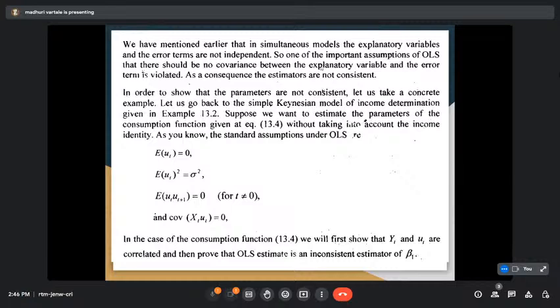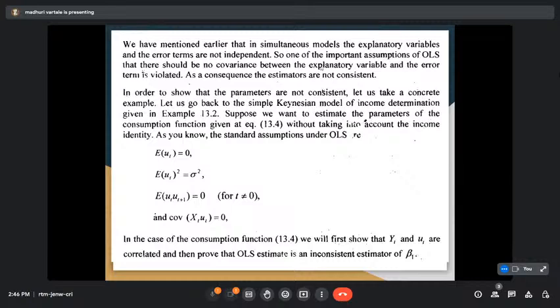Where E(ut) is equal to 0, E(ut squared) is equal to sigma squared, and E(ut ut+1) is equal to 0 when t is not equal to 0.